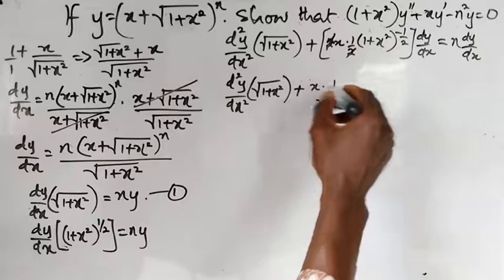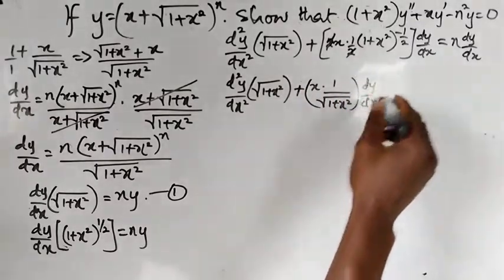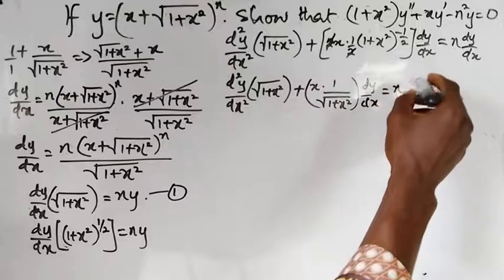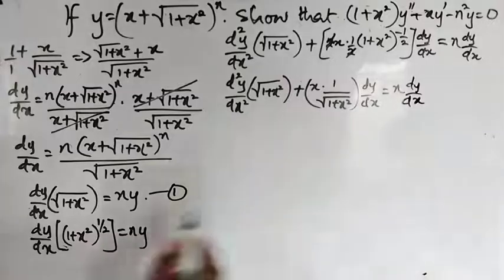Okay, now all dy/dx then equals ny, n dy over dx.